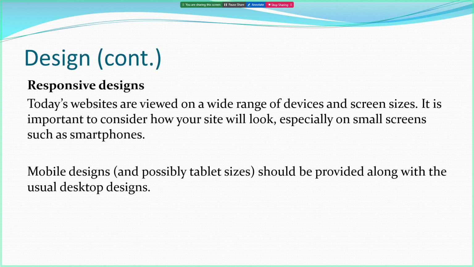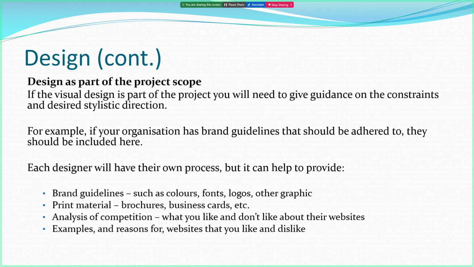So we need to be able to adapt our design approach to cater for the variety of devices that will be accessing the information. So this is where we need to look at floating columns and things like that so that they can automatically rearrange themselves depending on the device and the browser type that is viewing it.